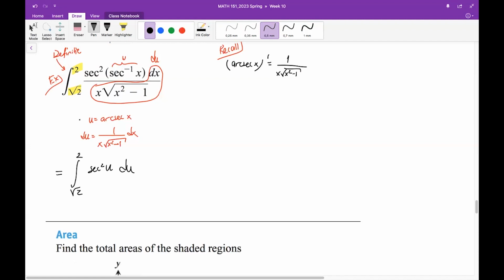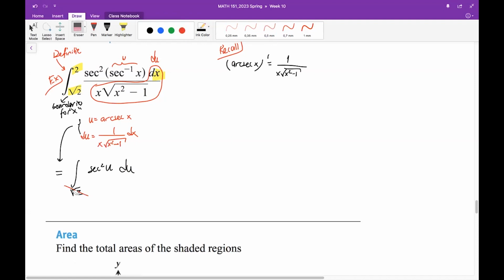No, I think because it depends on x. Exactly. These yellow shaded boundaries are the boundaries for x, you see? This integral is with respect to x. I cannot write them here as they are not the boundaries for u.